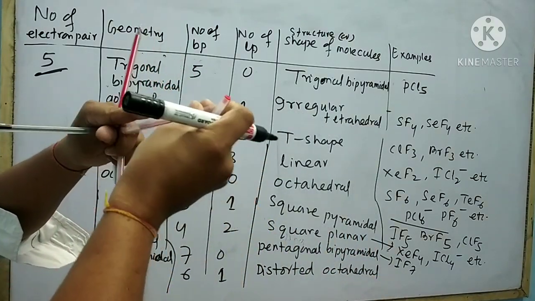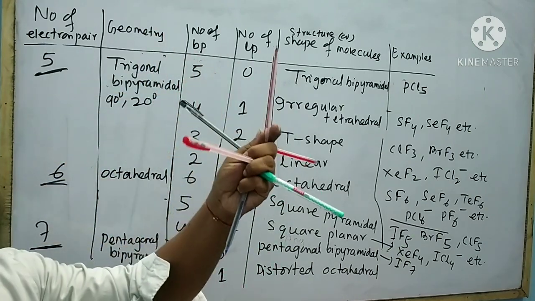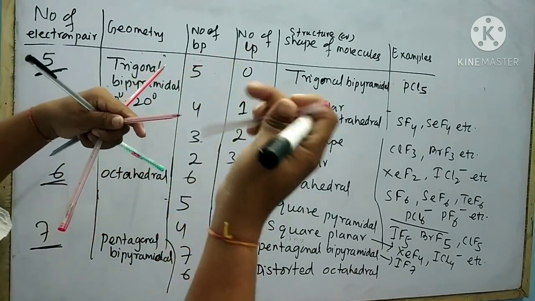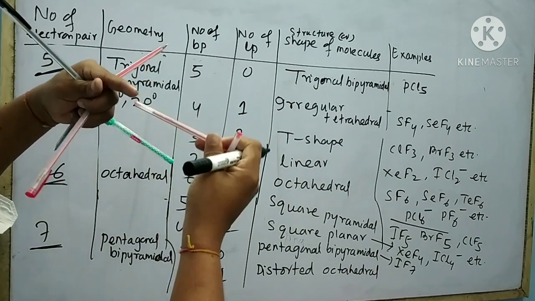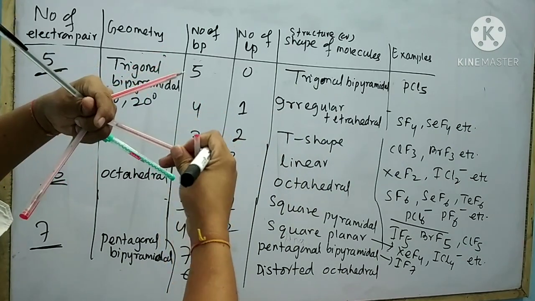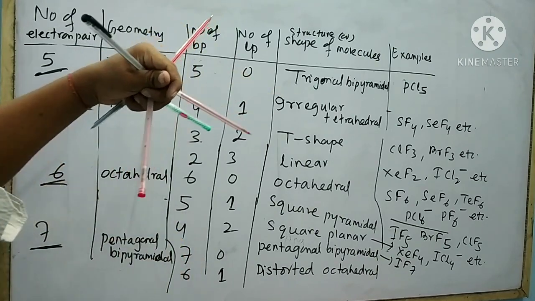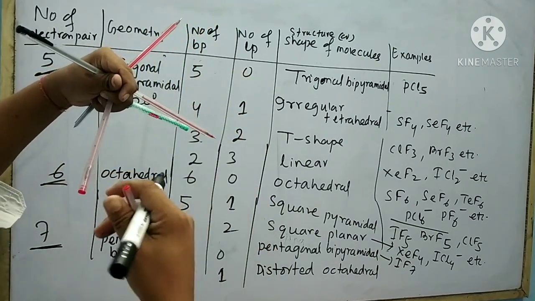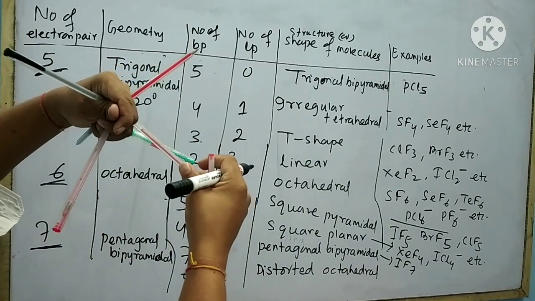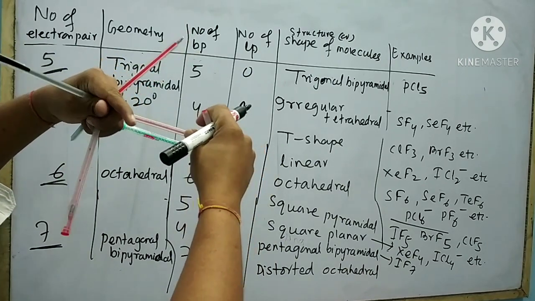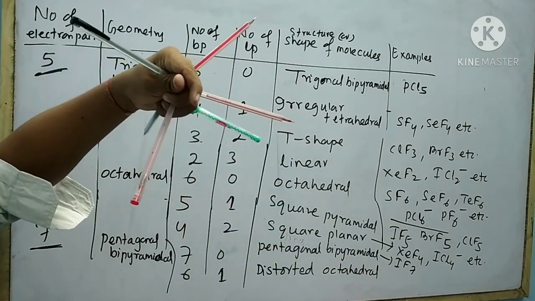Actually, the regular octahedral looks like this, but when we remove this lone pair, then the 6 bond pair are present like this. The angle is not 90 degree, so it looks like a distorted form. So this shape is called distorted octahedral.